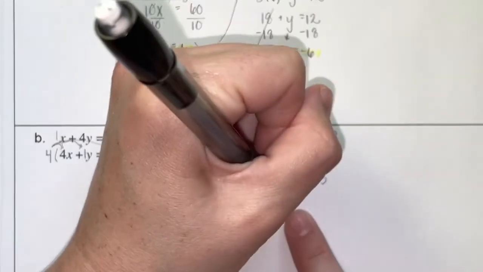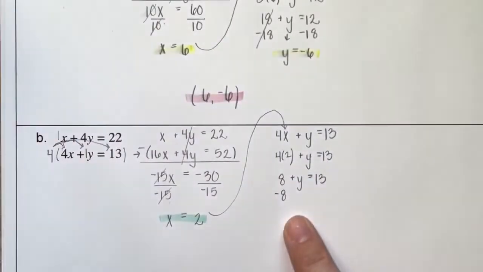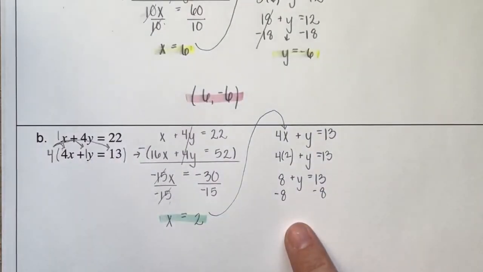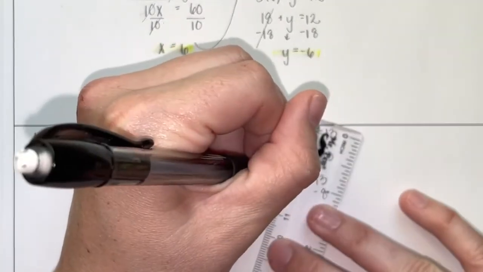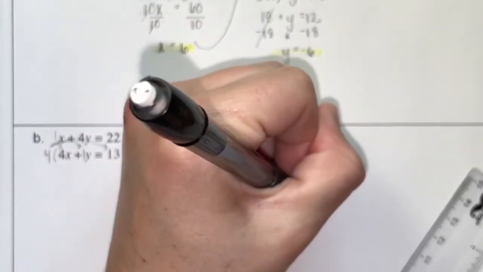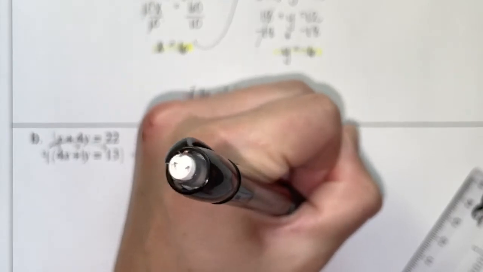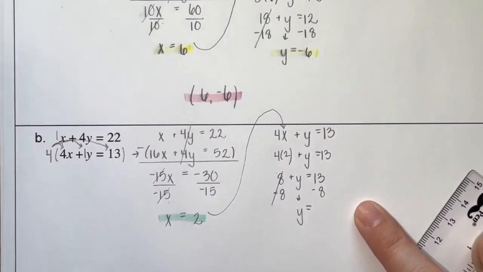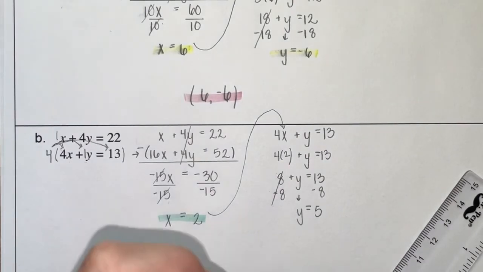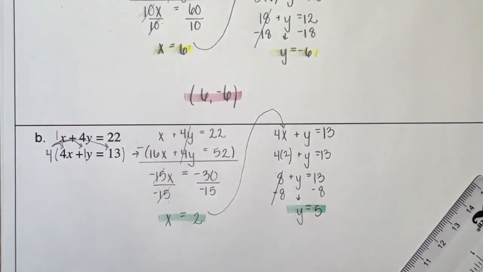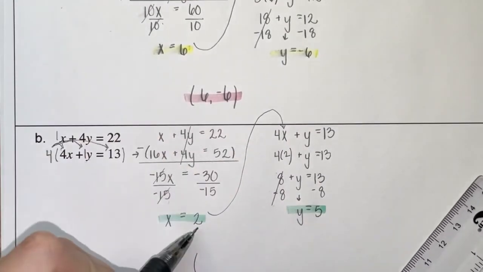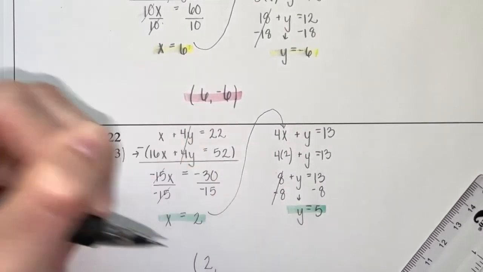I can undo adding 8 by subtracting 8 from both sides. And then 8 minus 8, that cancels out. I'm going to bring down the y. And then 13 minus 8, that's 5. So now that we have both variables solved for, we have our final answer. Just have to write it as a point, x comma y, so 2 comma 5.